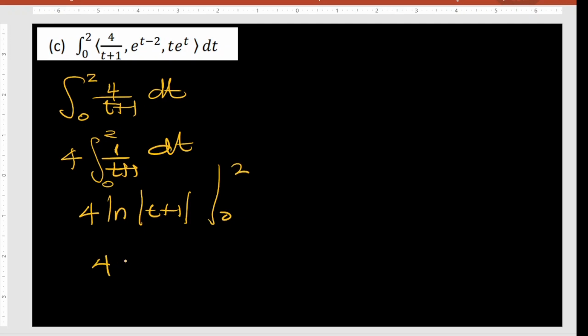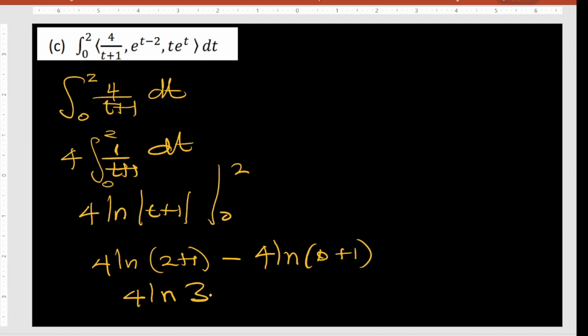So this will be 4 ln 2 plus 1 minus 4 ln 0 plus 1. And this will just be 4 ln 3. And this will be 0 because we are going to have ln 1, and ln 1 is 0. So our final answer here will be 4 ln 3.